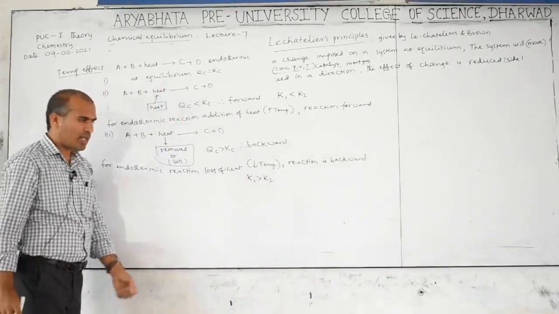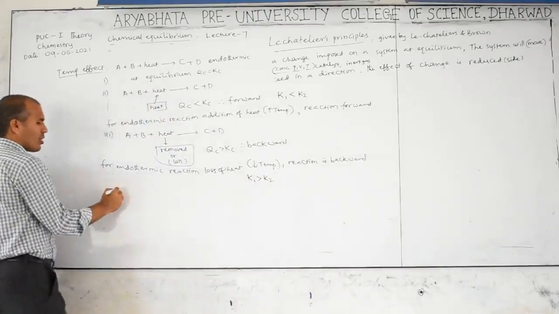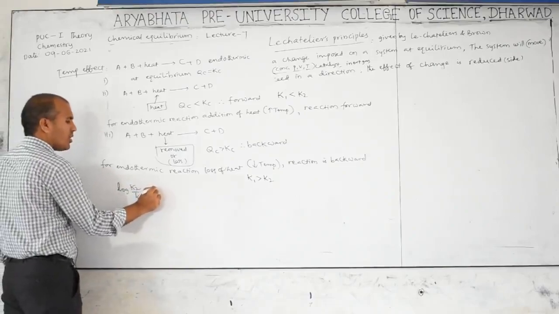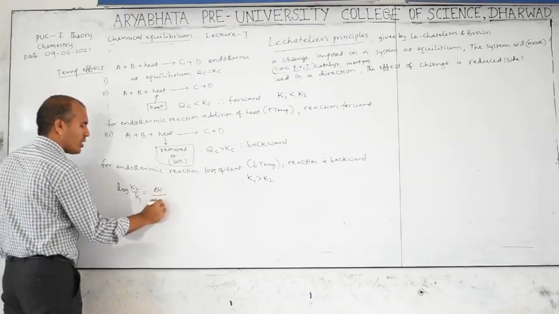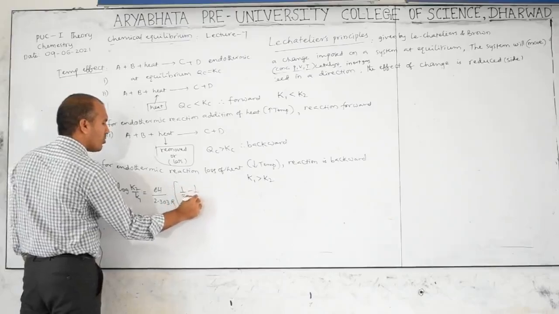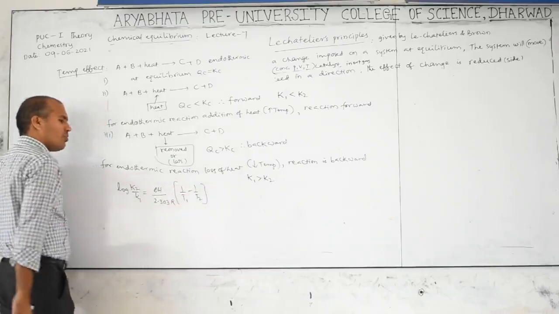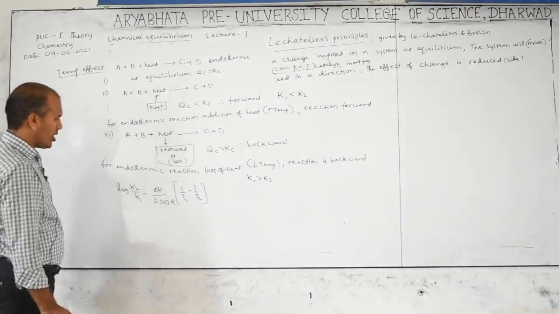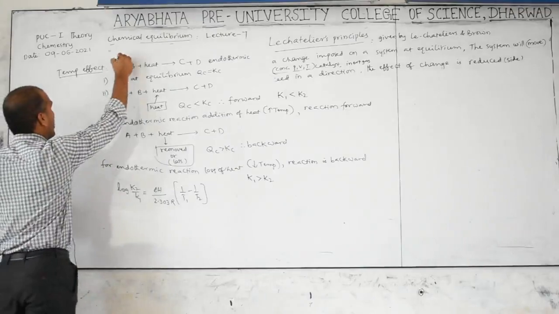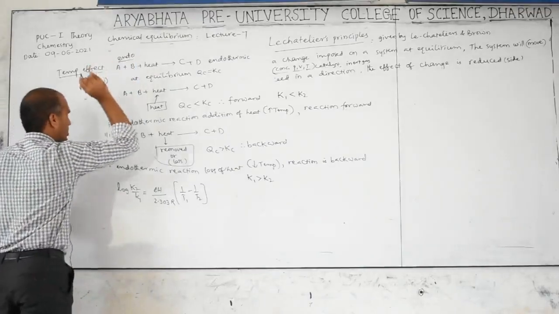This is also very important because we know one formula, log K2 by K1 is equal to delta H by 2.303 R into (1 by T1 minus 1 by T2). So based on this formula only this explanation. This is for endothermic reaction.